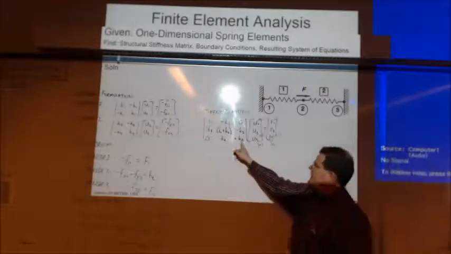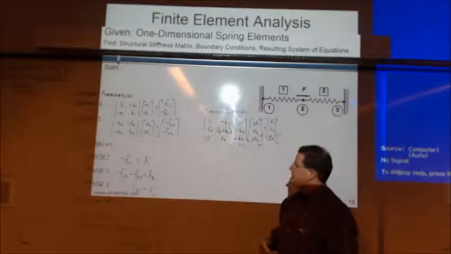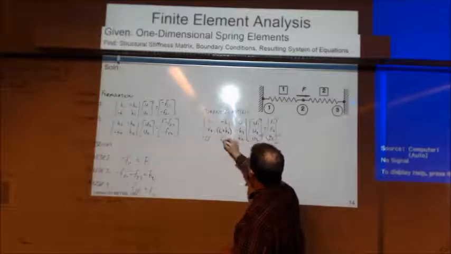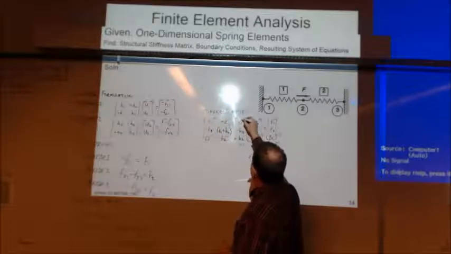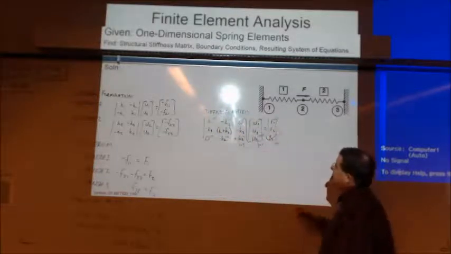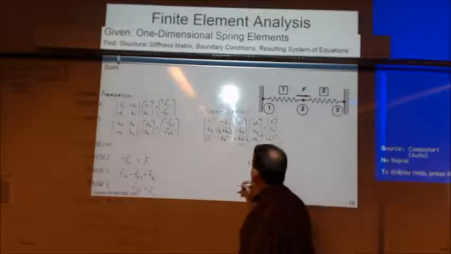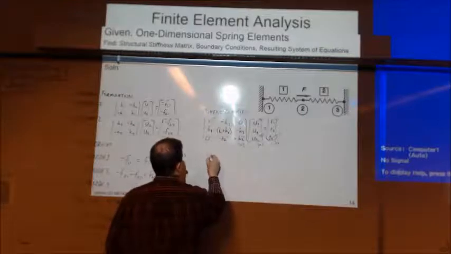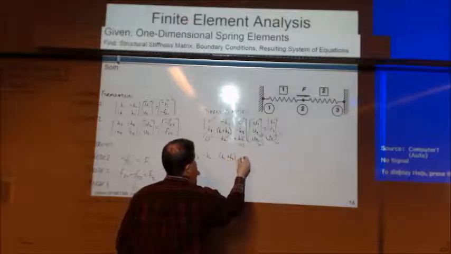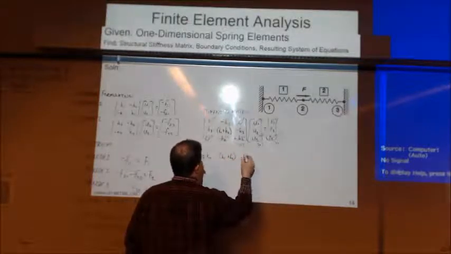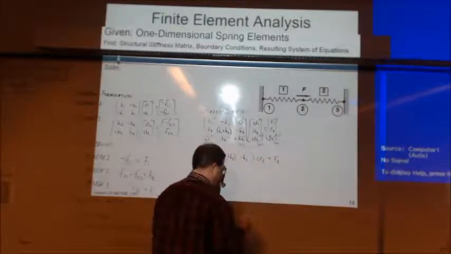So what's going to happen to this row? It's going to go to 0. This row, it's going to go to 0, right? Because our force is 0, or yeah, because we have no force there, so it has to equal 0. So we're left with what? Minus K1 plus K2 minus K2 U2 equals F2, right?